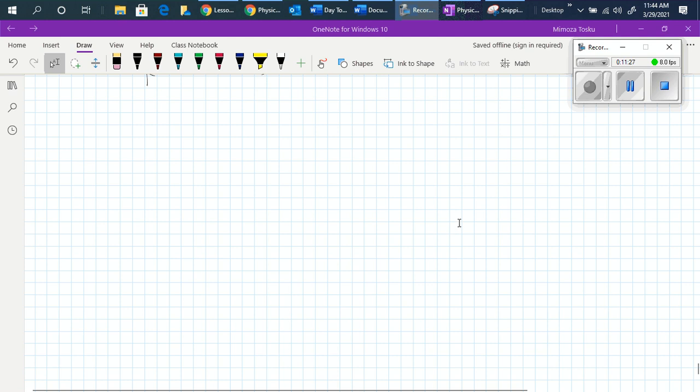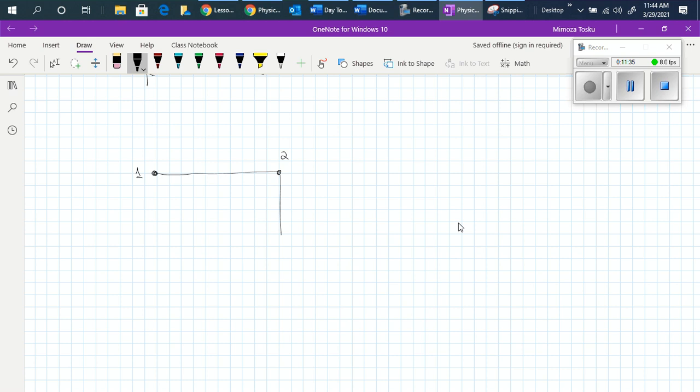Let's suppose that now what we have for you to practice is charge 1, charge 2, and charge 3 on the vertices of a right angle triangle in which the sides are respectively 0.70 meters and 0.50 meters.